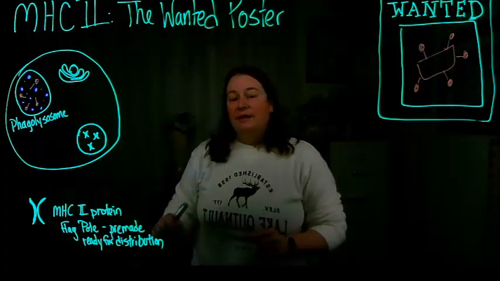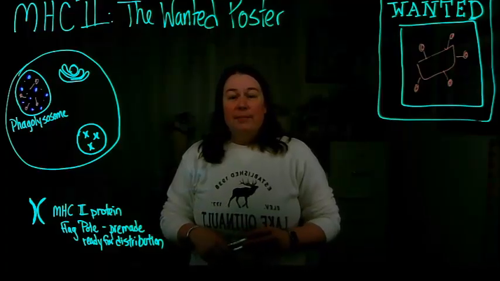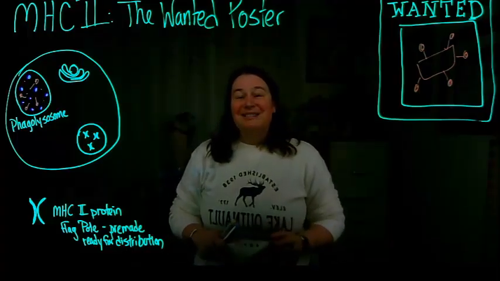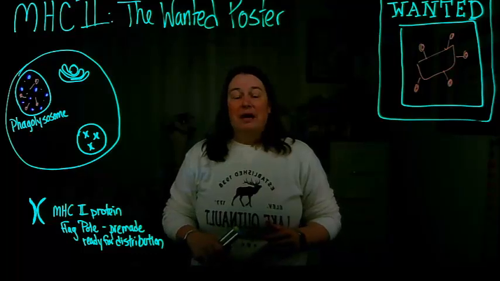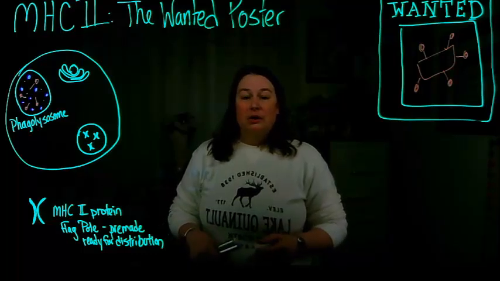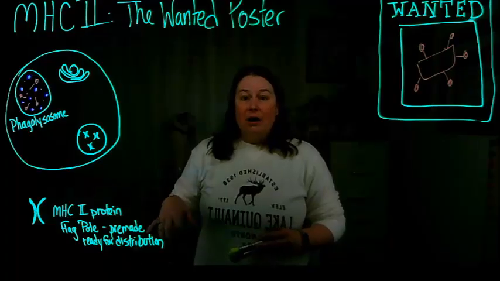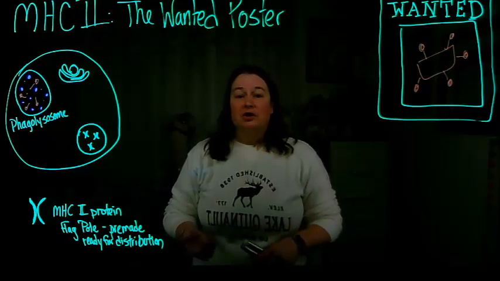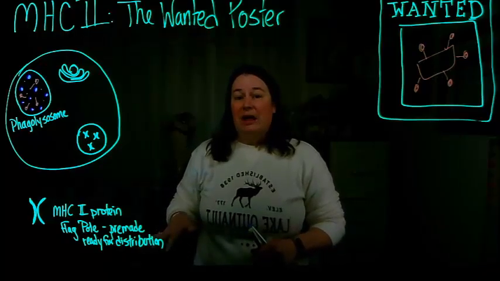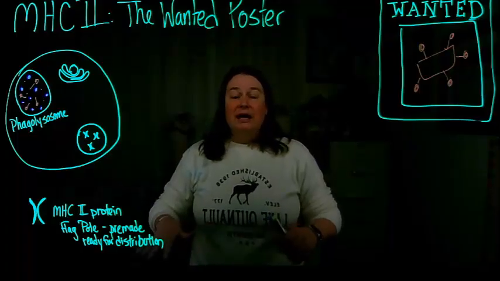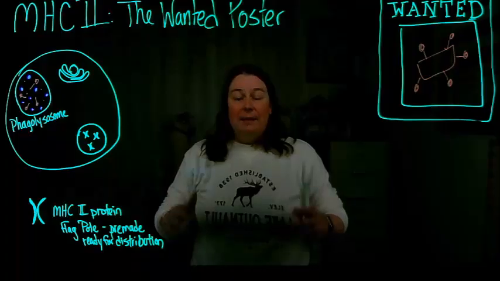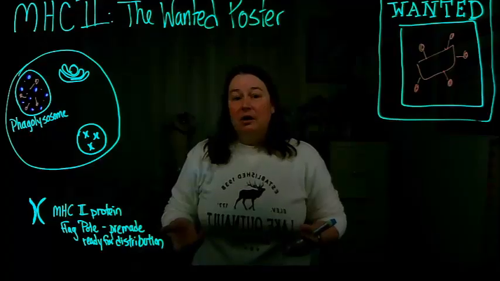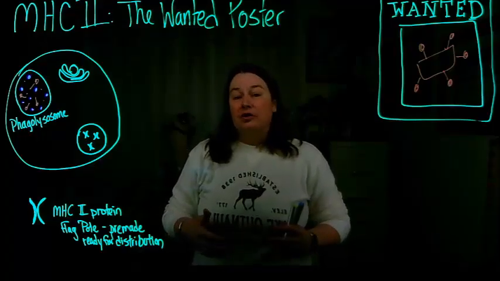And this is essentially a flagpole, something that the cell can use to put different things on the surface of the cell in order to present the antigen of the thing that it just made and to create the wanted poster. So these cells that are processing antigens and are presenting them on the surface will use the process of transcription and translation to pre-make these flagpoles so that they can very quickly get that information up onto the surface of the cell and be able to signal to the other cells in a rapid fashion that they have detected an invader or something that doesn't belong that other cells should be on the lookout for.